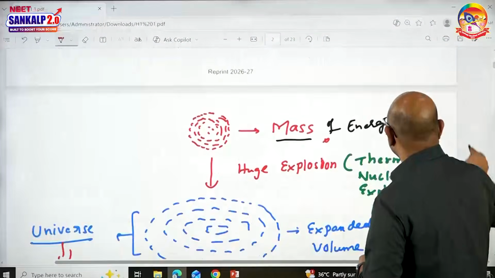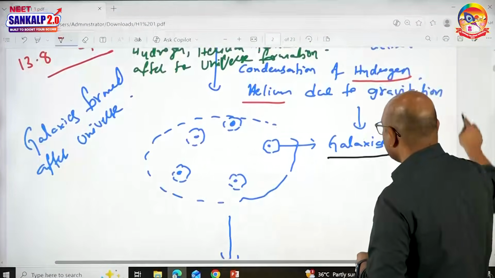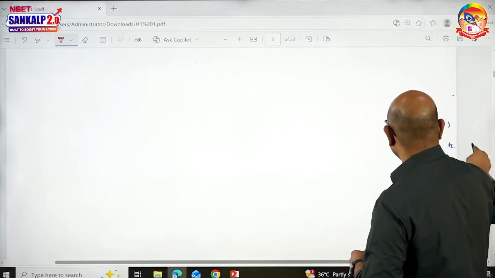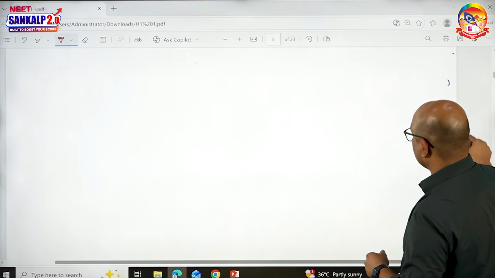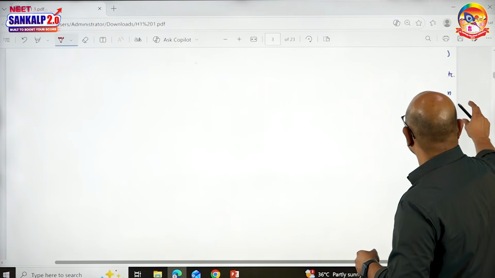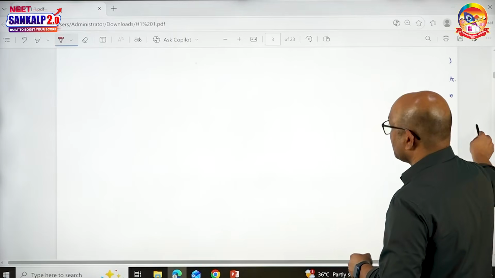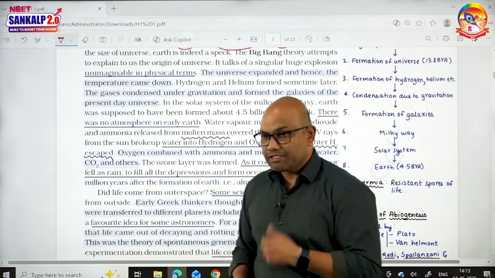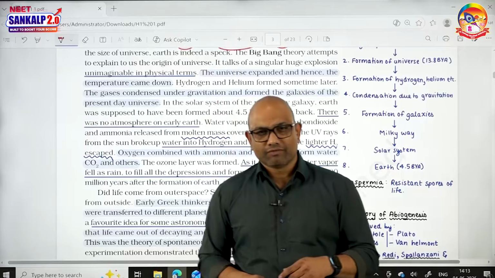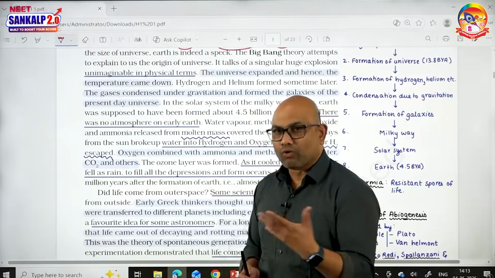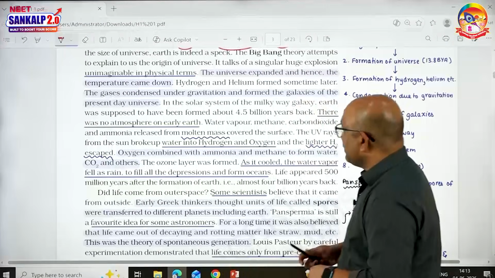According to the theory of spontaneous generation, which is also called the theory of abiogenesis, this theory was followed by philosophers like Aristotle, Thales, Plato, von Helmont.